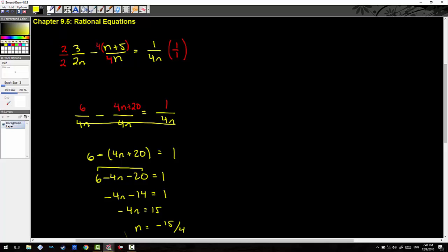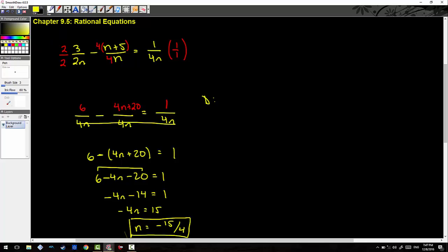Before we move forward, there is something I forgot to mention about these problems, and that's domain. Remember, domain is the set of all things that we can let our variable be. If you look at the original problem here, we've got 3 over 2n, n plus 5 over n, and 1 over 4n.